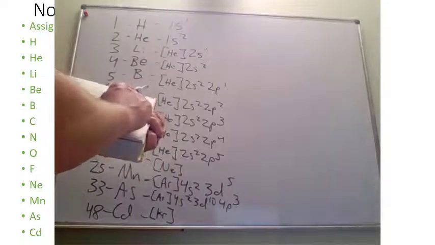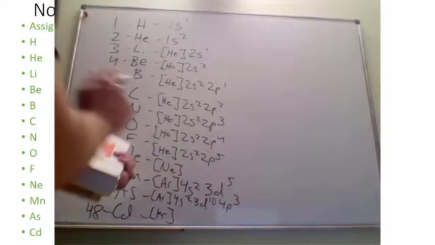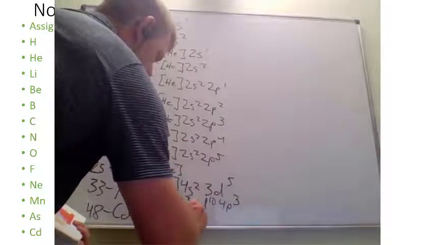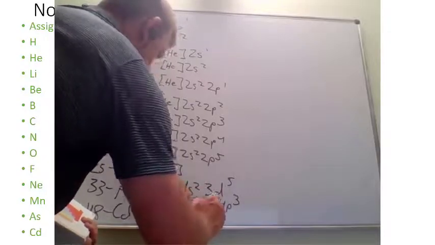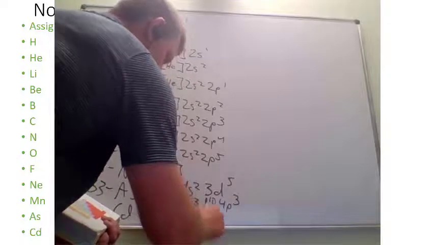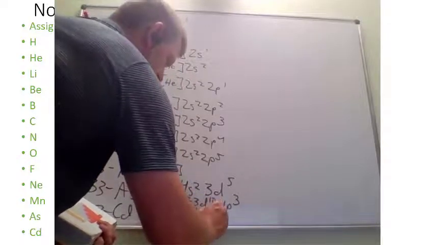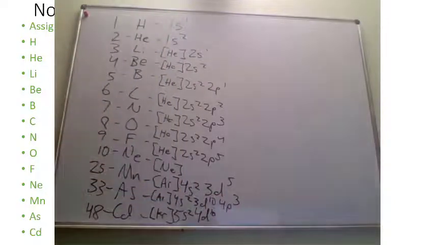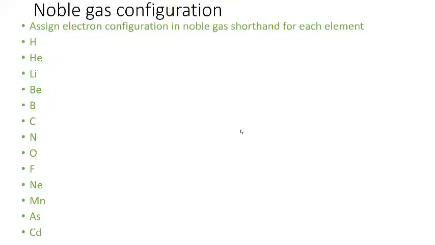And then that next energy level is 5, so we go 5s2, and then 3d10. Oh, sorry, 4d10. Sorry about that, 4d10. Okay, so you can see this noble gas shorthand is much easier to handle.